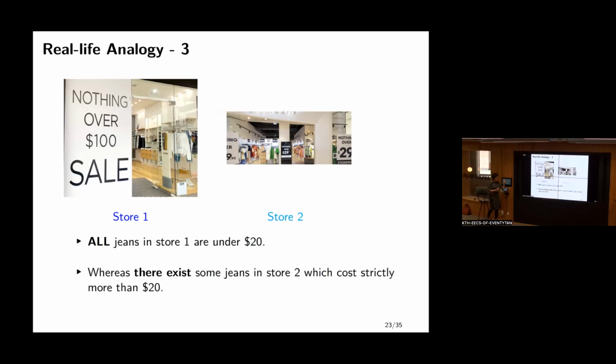But again, this is not completely deterministic. It is not completely saying that you should definitely go to store 1. There are some nuances here as well, because if you are interested in a particular pair of jeans, particular color and size and brand, you might still need to go and check between these two stores. So there are even nuances in this statement that I make, but at least I have been able to find some inconsistencies between the value of epsilon and what Bayesian attackers may do, right?